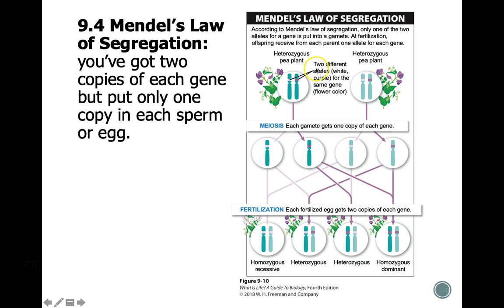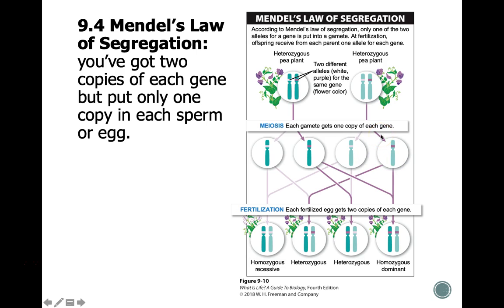So up here we've got an individual who is heterozygous for flower color. So they've got 1 purple and 1 white allele. During meiosis, those alleles are separated or segregated. So each gamete either gets a purple or a white. Same thing happens in the other parent over here. Each gamete gets either a white or a purple.